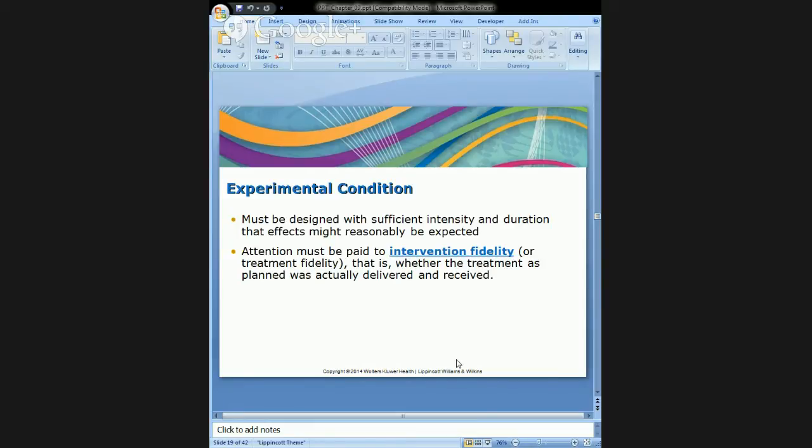This is intervention fidelity. That means whether the treatment that was planned was actually delivered and received. So if you plan an intervention, did your subjects receive it as you planned it? And there's a lot of ways that we can do that.